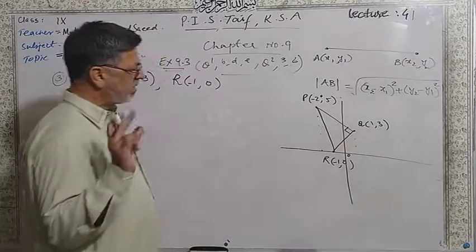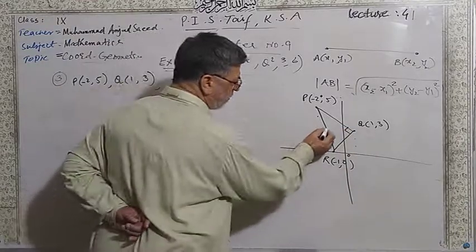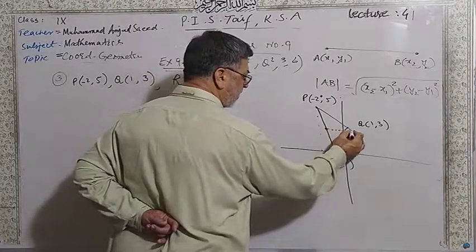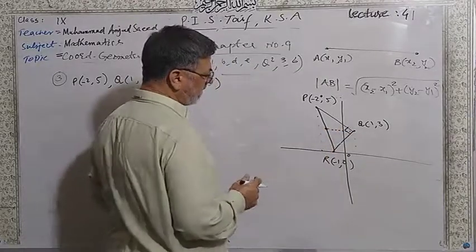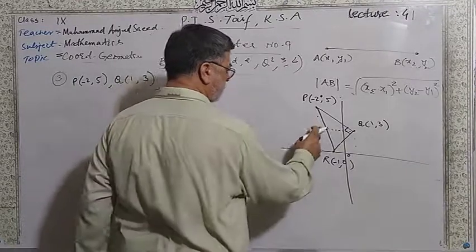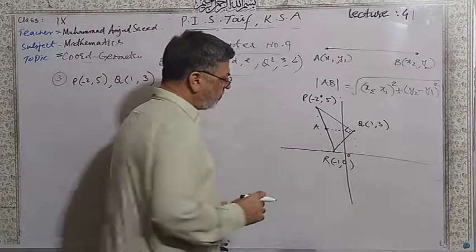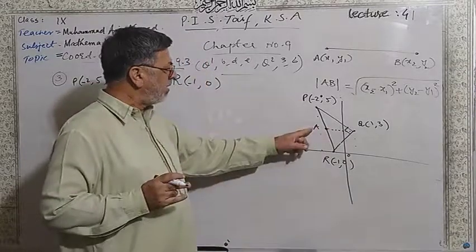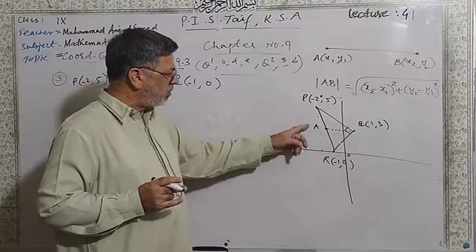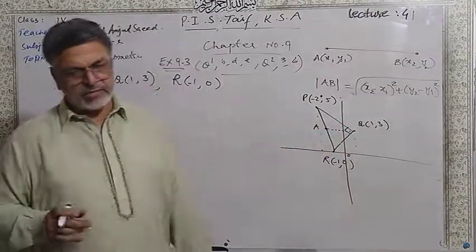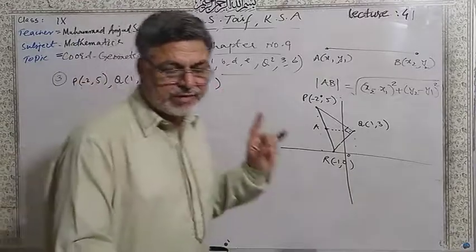The question is, the midpoint of the hypotenuse is equidistant from the endpoints. It means that, for example, if I take this point as A, which is the midpoint of PR, then we have to prove that AP is equal to AR is equal to AQ.